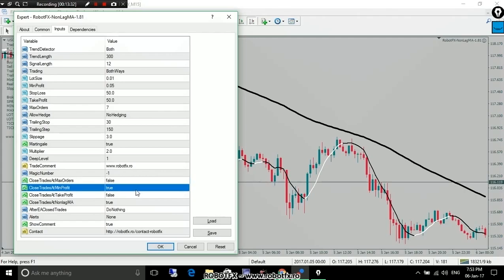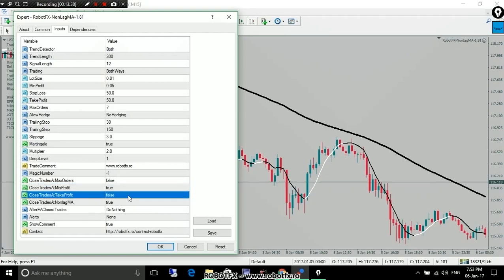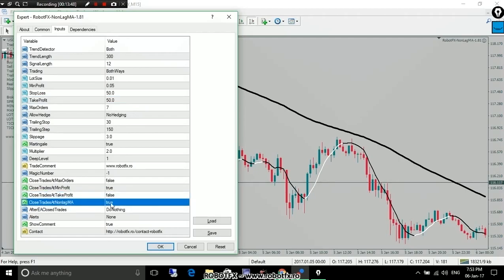Again, this is for hedging as well. Close trades at take profits. You don't need this. You should leave this to false because when you don't hedge, the expert advisor will set take profit anyway. And close trades at non-lag moving average. This you can leave set to true any time.